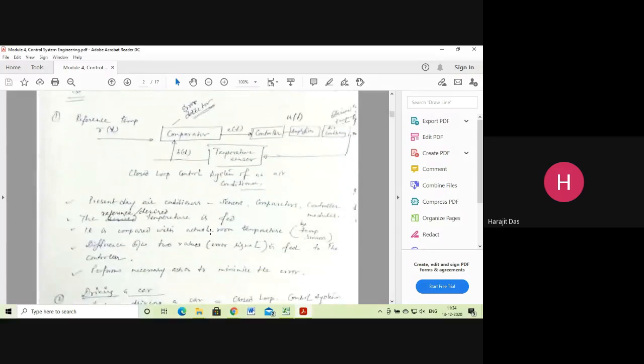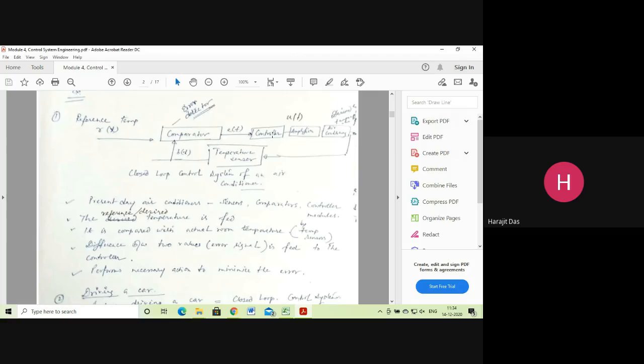In this part, the closed loop control system example is written by taking the air conditioning system. Here you can see this is R(t), the reference temperature, or input temperature, or input signal. This is the comparator, which will sense the output temperature with respect to the input temperature, because of this feedback signal.